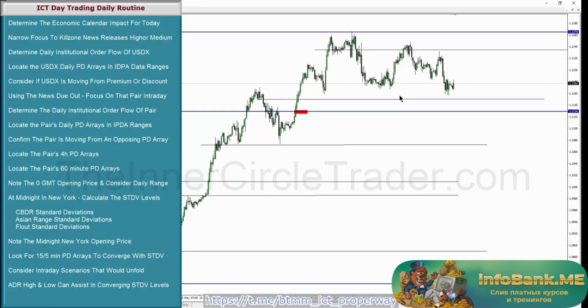Looking for average daily range high to converge as well, again with an opposing premium array that's seen on the 15, 60-minute, 4-hour, or daily. If the average daily range is smaller than 60 pips, we know that there's going to be a likelihood of a large range day, eventually, for trading institutional order flow in that bias.